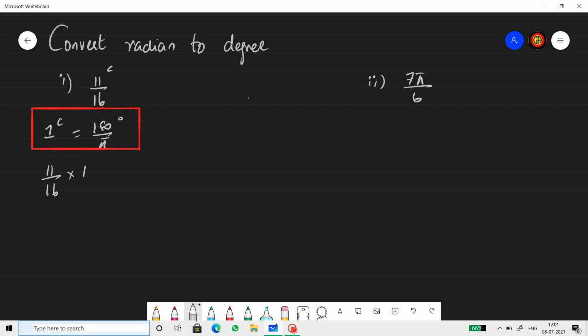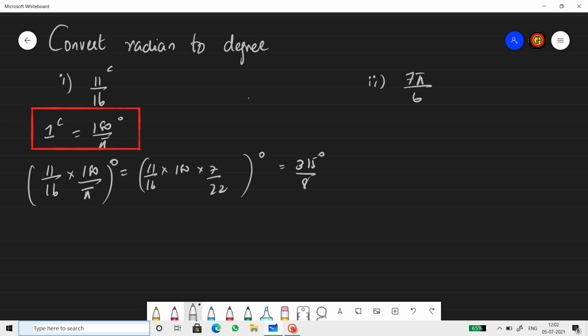So we multiply by 180 by pi, and using pi as 22 by 7, we get 11 by 16 into 180 into 7 by 22. So we get the value in degrees. So the answer is 315 by 8 degrees. Okay.